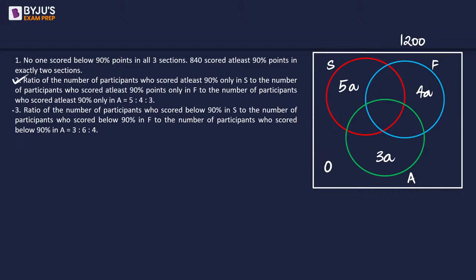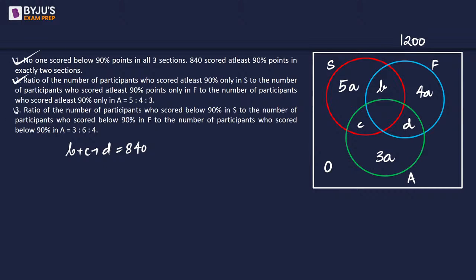Then 840 scored at least 90% points in exactly 2 sections. So exactly 2 means these 3. So let's call this as P, Q and R. P, Q, R में थोड़ा मुश्किल होगा बाद में, handwriting थोड़ी गड़बड़ है. So if I say this is B, C, D, so we know that B plus C plus D is 840.